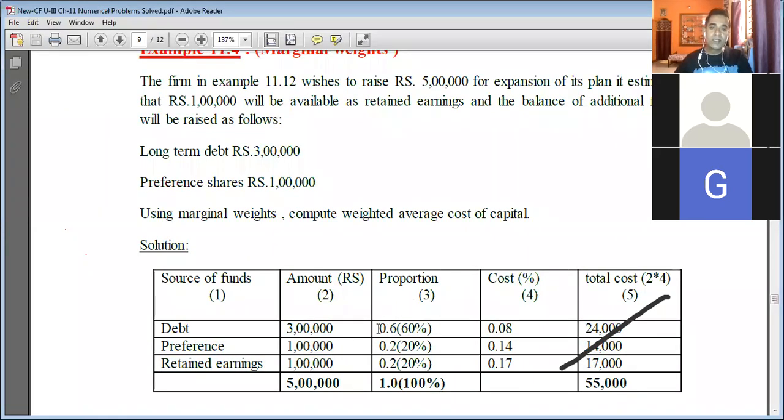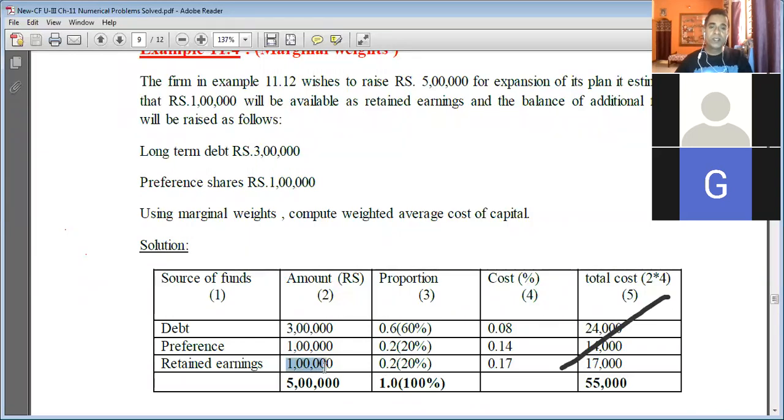Now what we need is the proportion of each source of fund in the total capital. If we consider 5 lakh rupees as the total additional capital required, then 3 lakh out of 5 lakh rupees is 60%, which can be rewritten in decimals as 0.6. Next, 1 lakh rupee out of 5 lakh is 20%, which is 0.2.